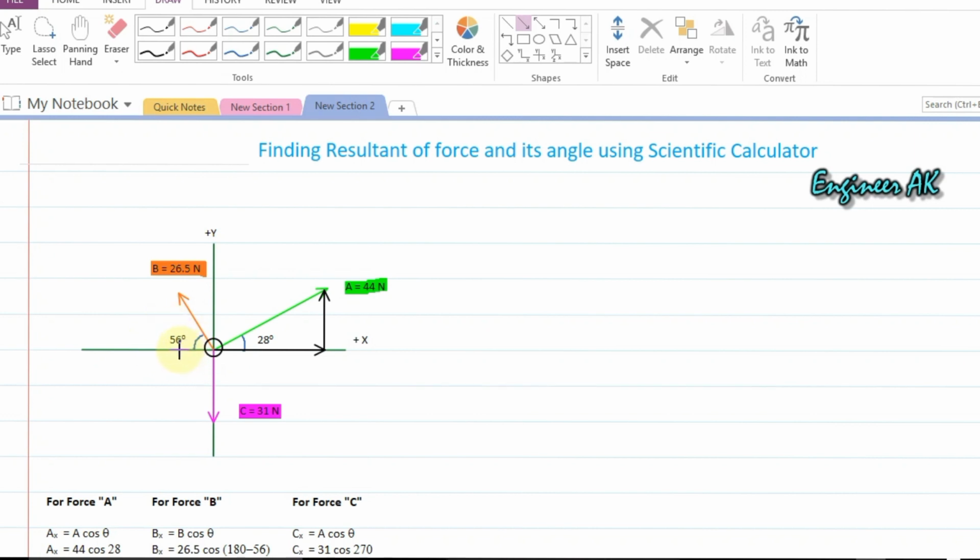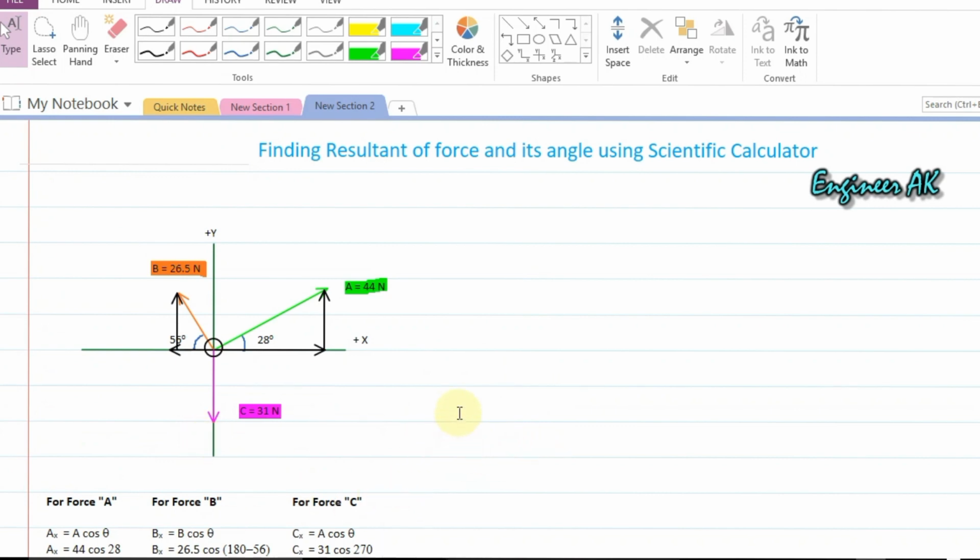Force B has a y component and an x component. And this last force has just one y component, and no x component.